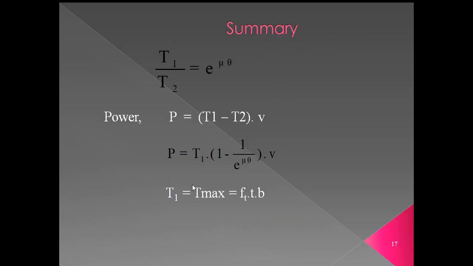So in this, the ratio of belt tensions is, from this, the important equation: the ratio of belt tensions T1 by T2 equal to e power mu theta.